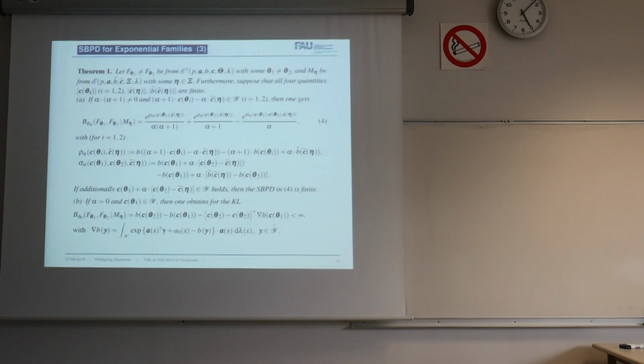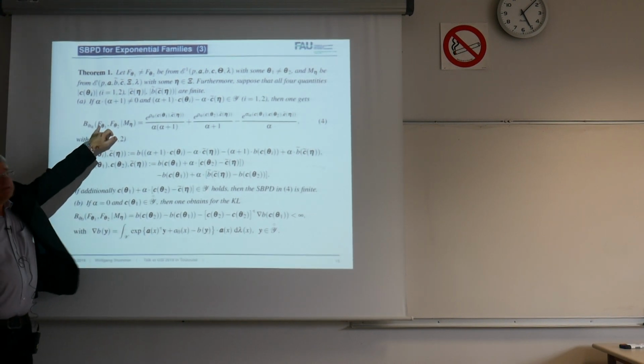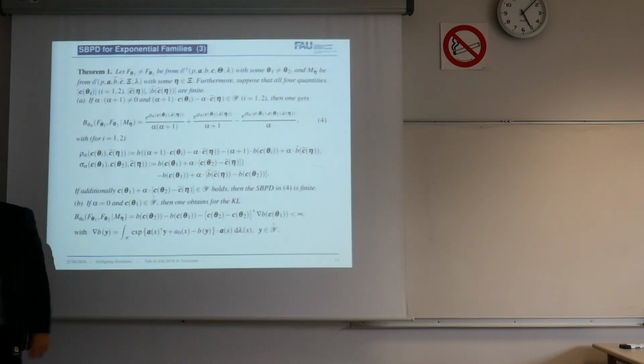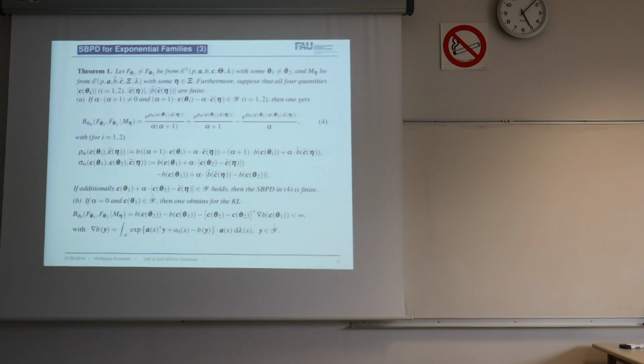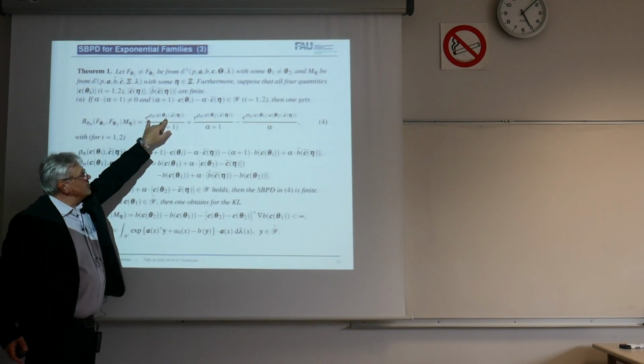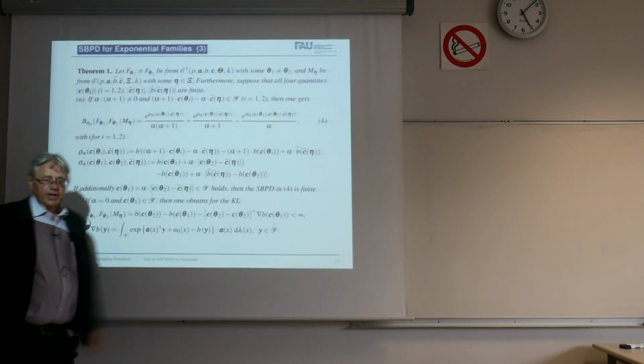So if we get this, you get an explicit formula for the distance between one family member and the other family member scaled by this other type of exponential scaling. I don't want to go through the formula, I just would like to show you that there is an explicit formula.